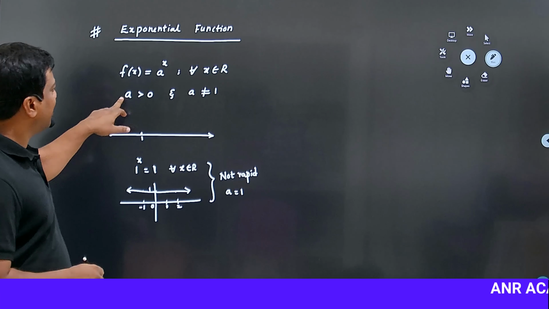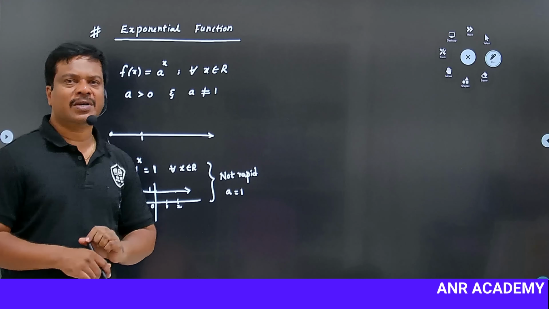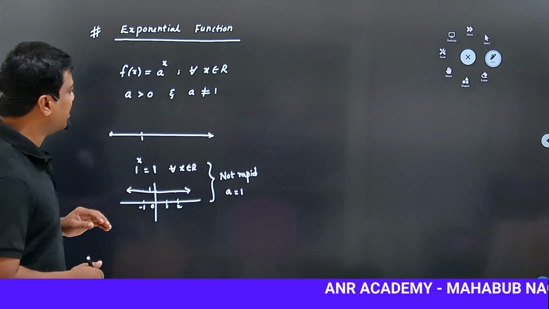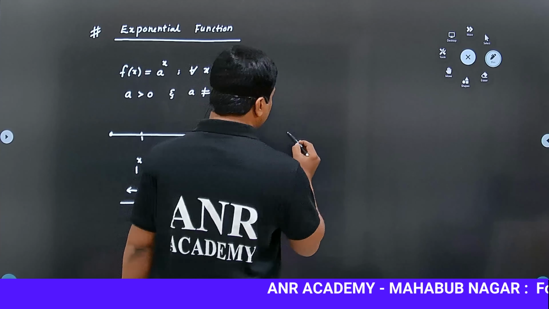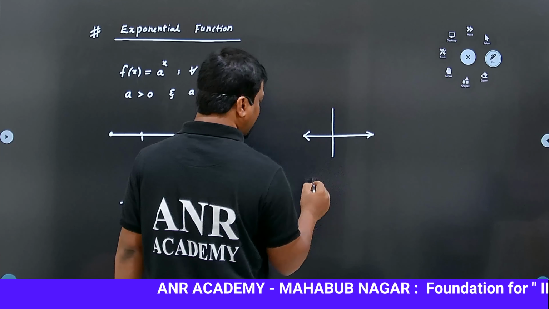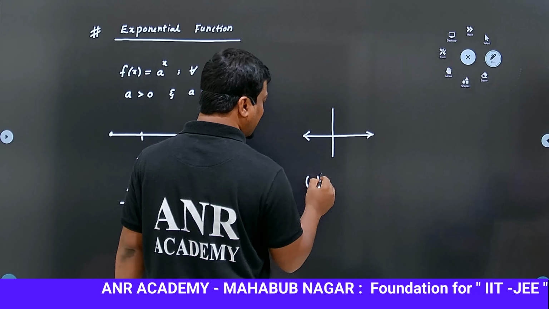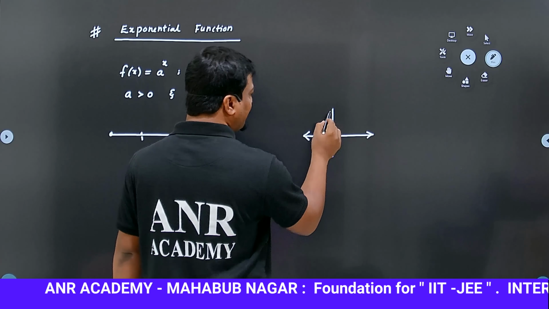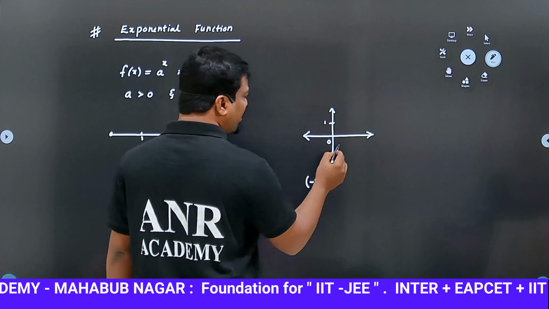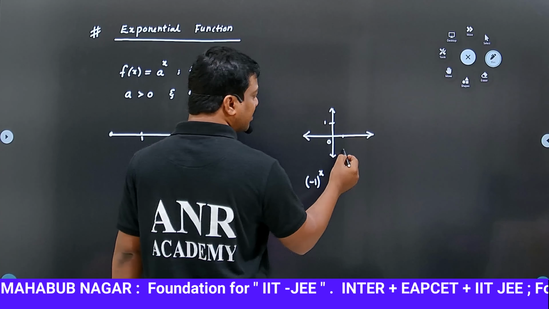And also given here a is only the positive real value. Why not negative? Let us observe first. If it is a negative quantity, minus 1 power x, if I choose, what happens? Observe, when you put x value 0, it is plus 1. When you put 1, it is minus 1.